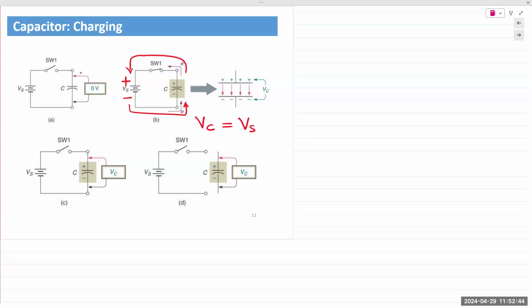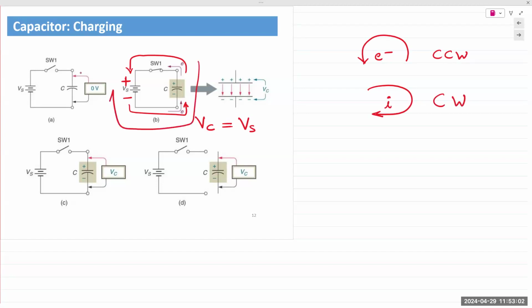So electrons stop flowing through the circuit. When electrons flow in a circuit, what do we say about the current? If electrons are flowing counterclockwise, current I flows clockwise. If you look at the direction of the current, for the source, it's going from minus to plus.